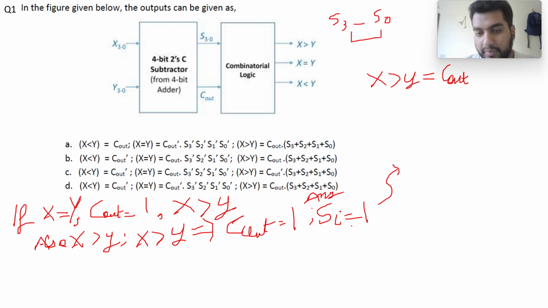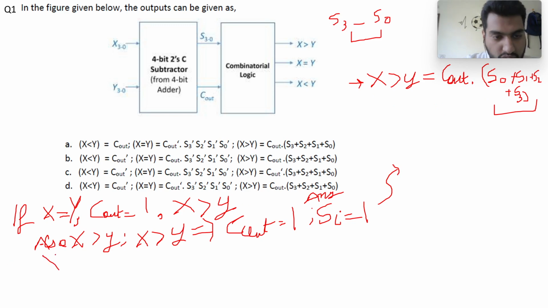When any of the bits is 1, the output should be 1, and based on the truth table of the OR gate, we can use a 4-input OR gate: S0 plus S1 plus S2 plus S3. If any of the S is 1, this will be 1, and when C out is 1, this whole thing will be 1. So this is C out ANDed with the OR of these bits. This is the combinational logic for x greater than y.